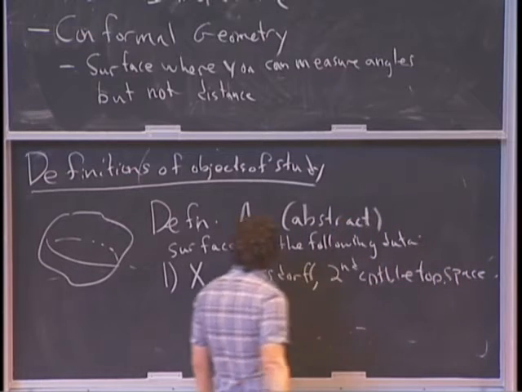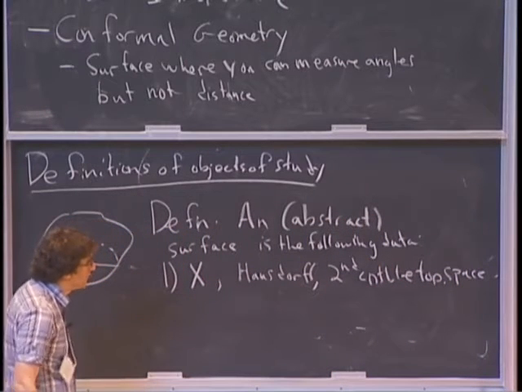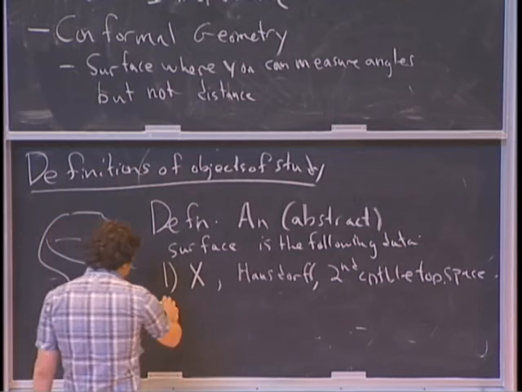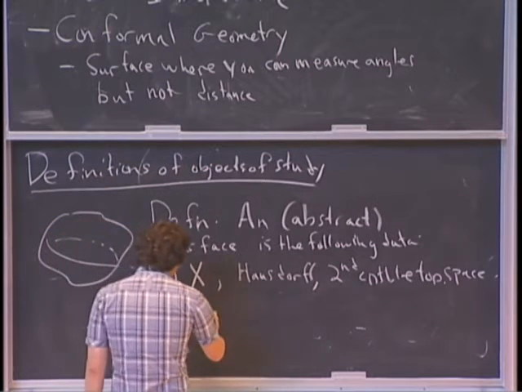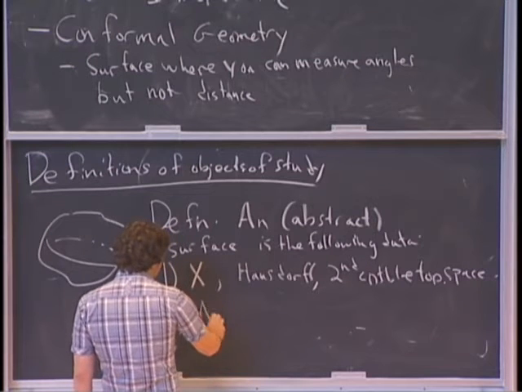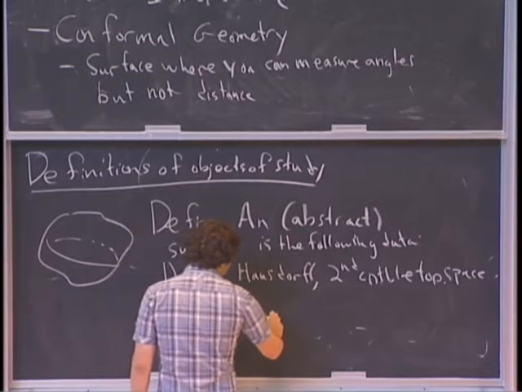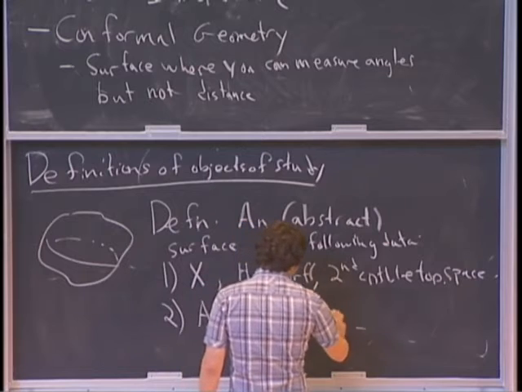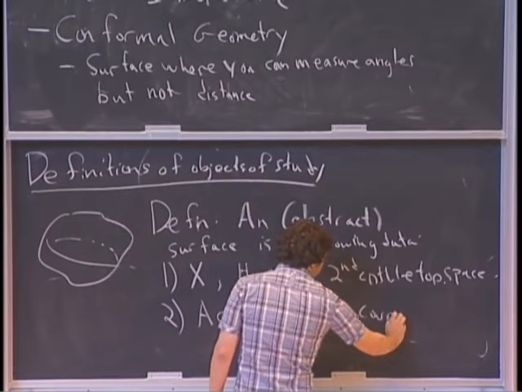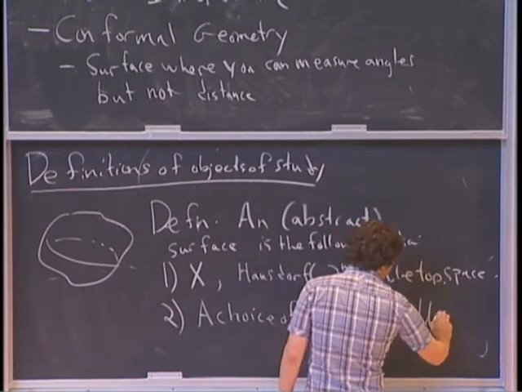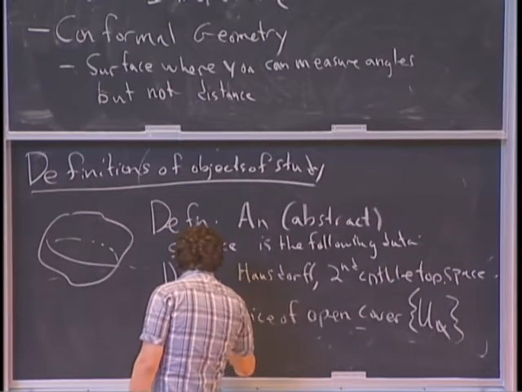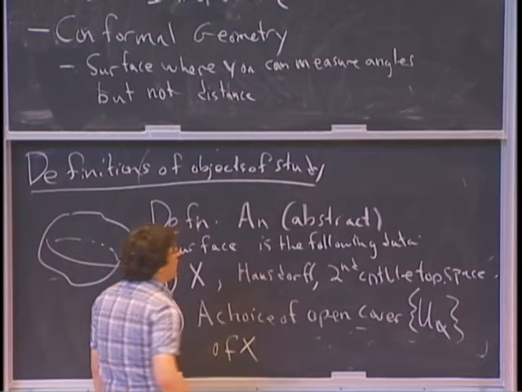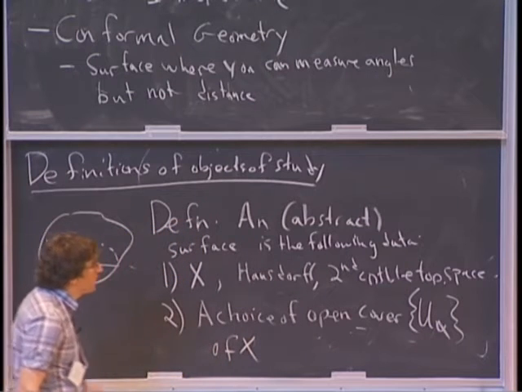So just a topological space with some technical conditions, which we won't focus too much on. The second thing is going to be a choice of open cover, where alpha is some index set, of X. And then these are not very interesting.